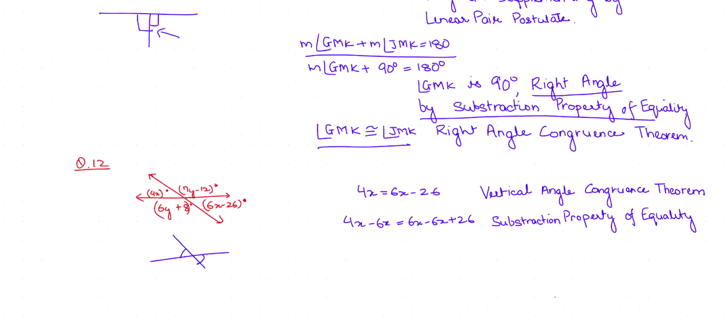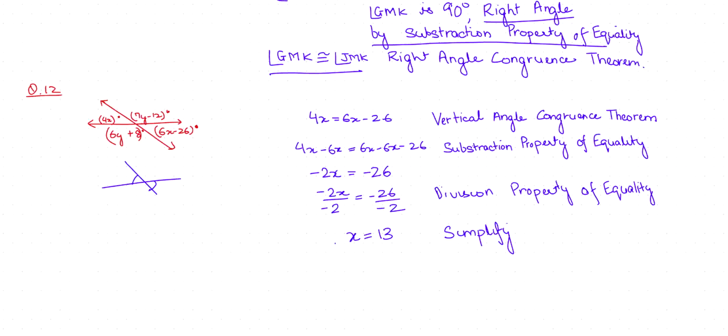Now we subtract 6x from both sides using subtraction property of equality, and that gave us minus 2x is equal to minus 26. Then we use the division property of equality and divide by negative 2. So this gives us x is equal to 30.